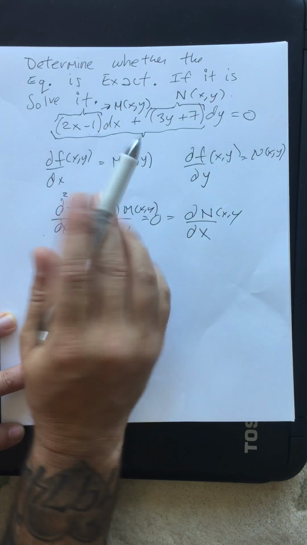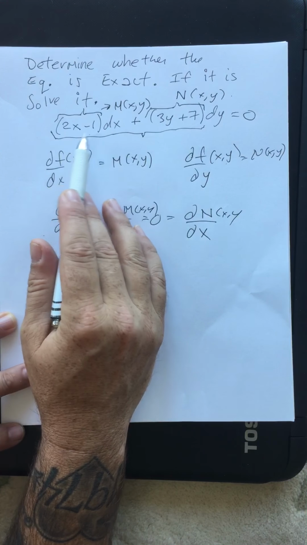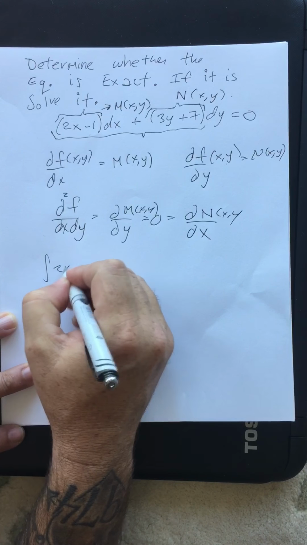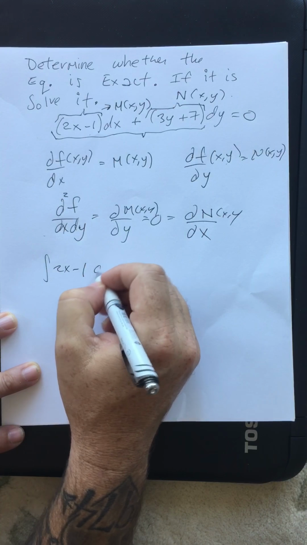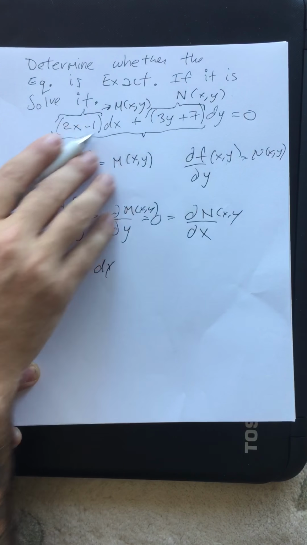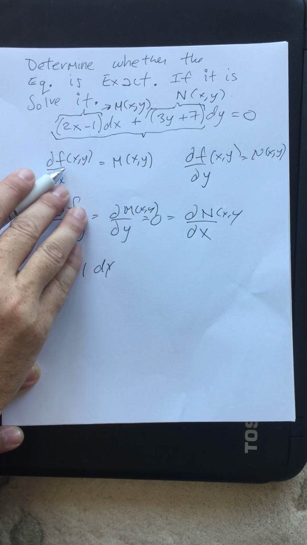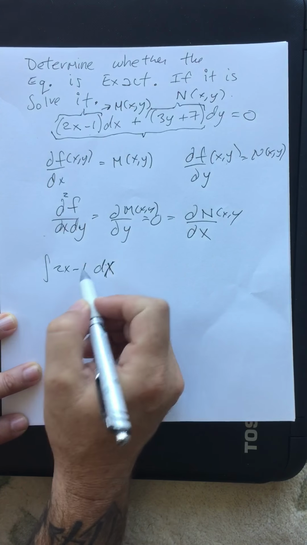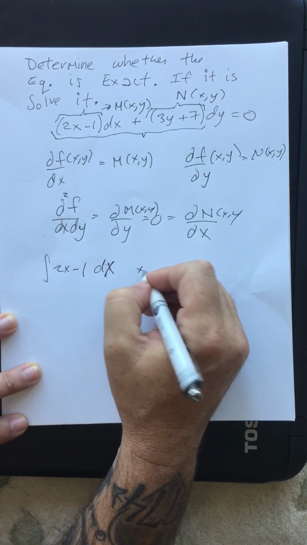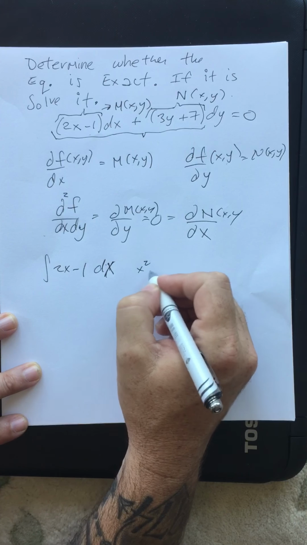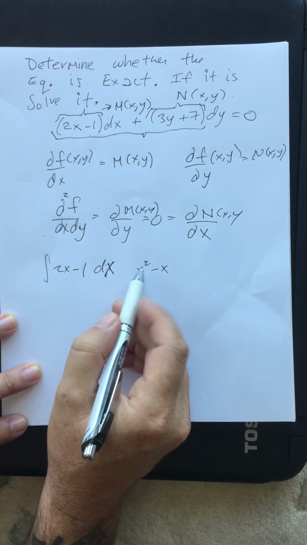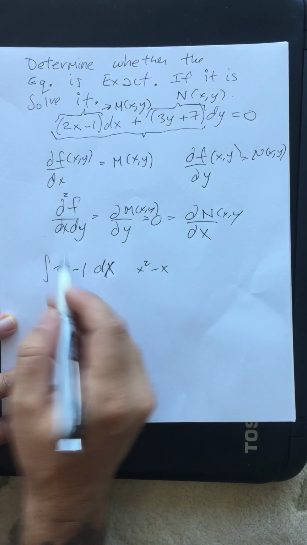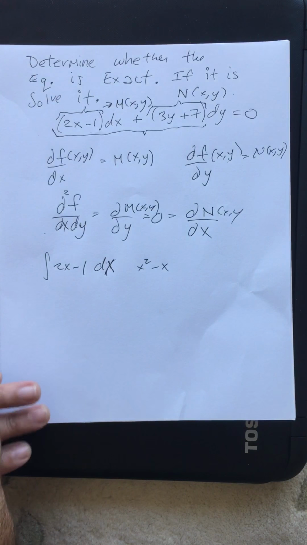So let's go ahead and integrate this. We have 2x minus 1, and we want back this x that we had differentiated out. This is x squared minus x, because the 2 goes in the denominator and wipes out this 2. So you see that, right?